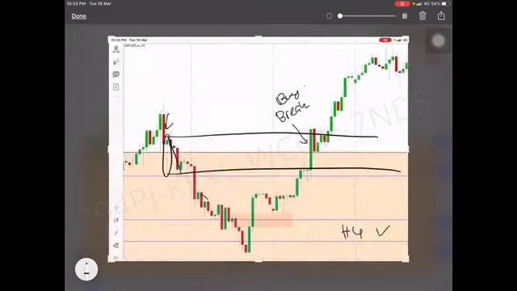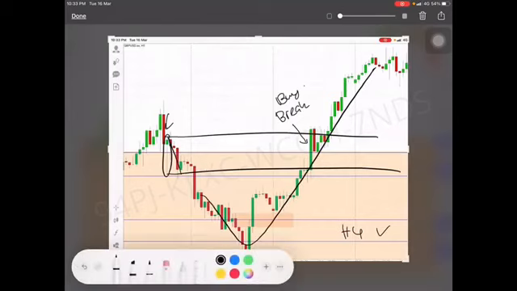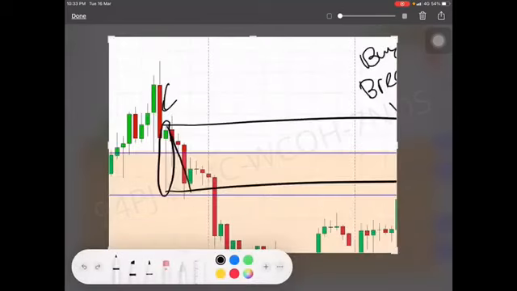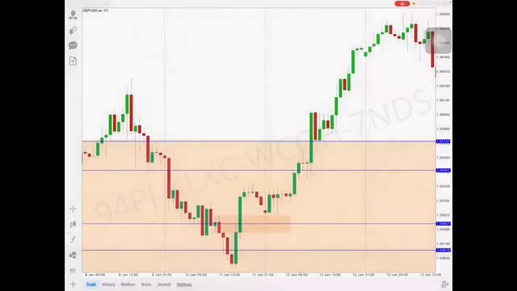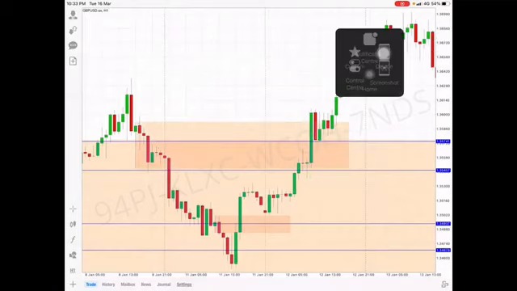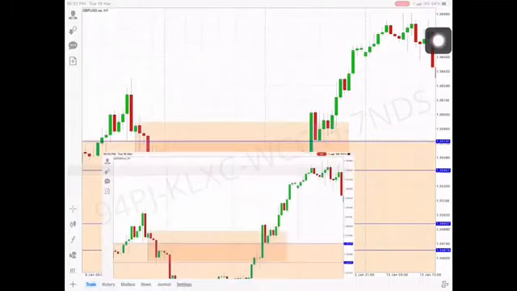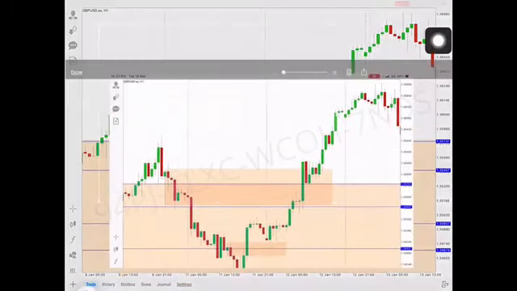But then the price broke upwards, right? So when the price comes back to that zone, you can entry buy. So you can entry buy in this zone.